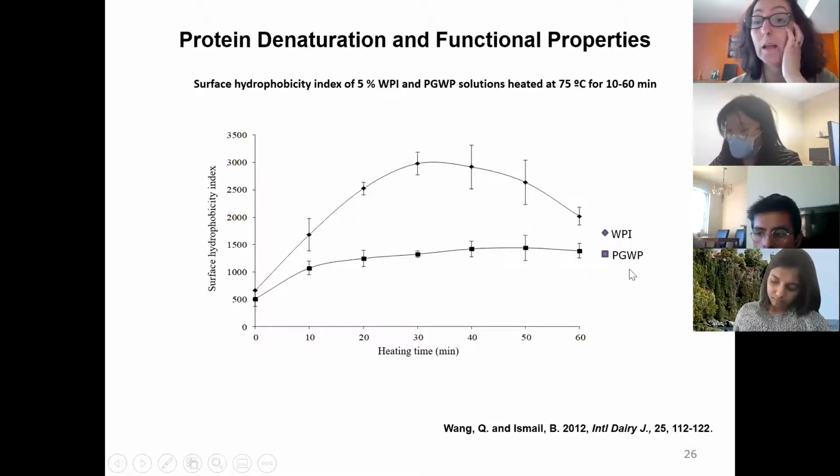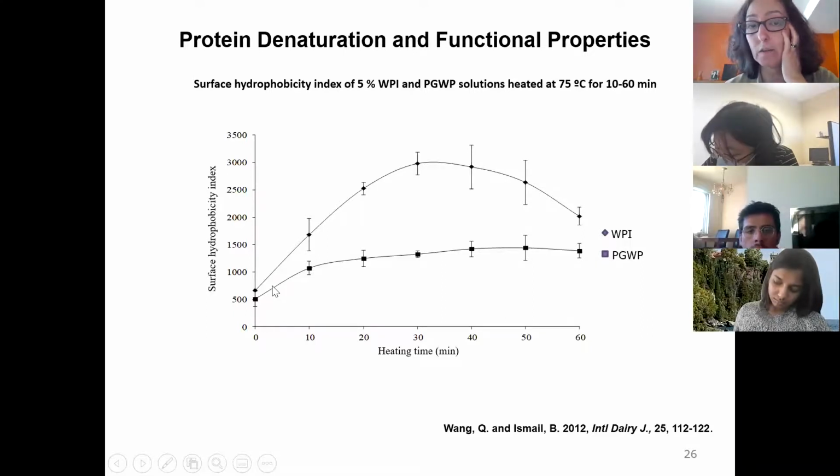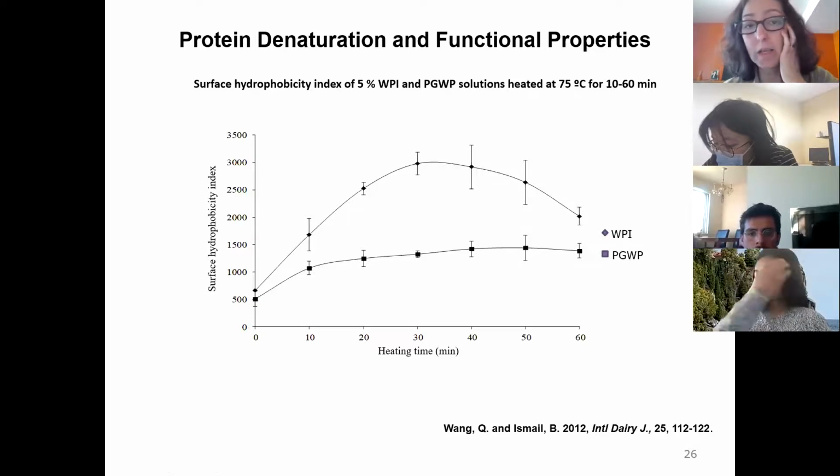Now, if we look at the glycated protein, which showed excellent solubility even after heating at the isoelectric point, we see a slight increase in hydrophobicity. You have partial unfolding, and then nothing happened.